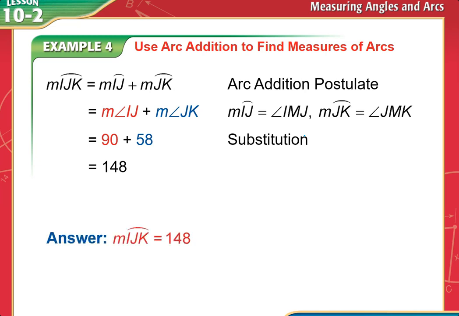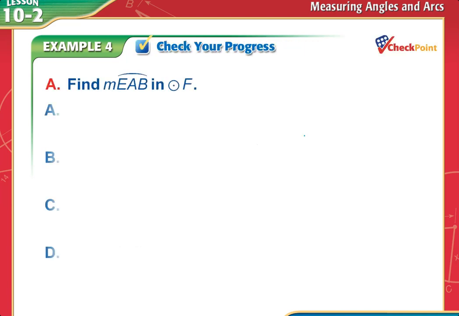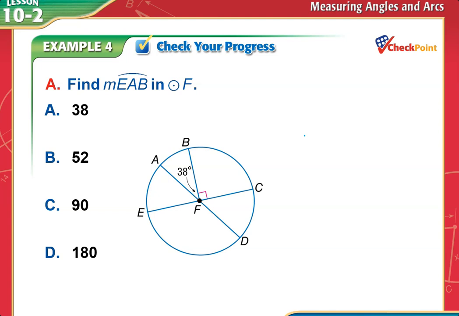Okay, check your progress. You're going to find the measurement of arc EAB. EAB. You said 90 degrees, you are 52 degrees. EAB would be 90. I think they meant to say their measurement of arc EA would be 52.